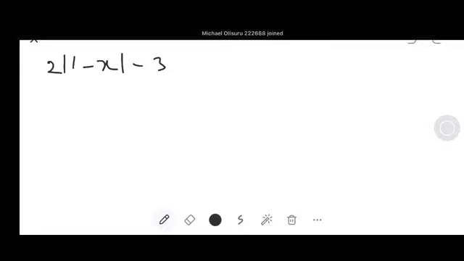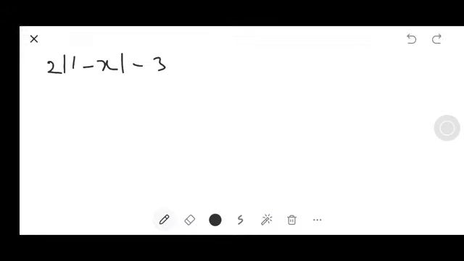2 absolute value of 1 minus x. Absolute value of 1 minus x. Minus 3. So there's 2 at the front of the absolute value of 1 minus x. This one is the one that is less than 0, right? Don't let us do this one, because we just need to square both sides on this one and we'll get the answer.